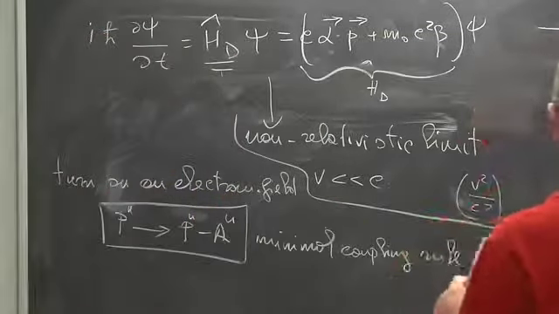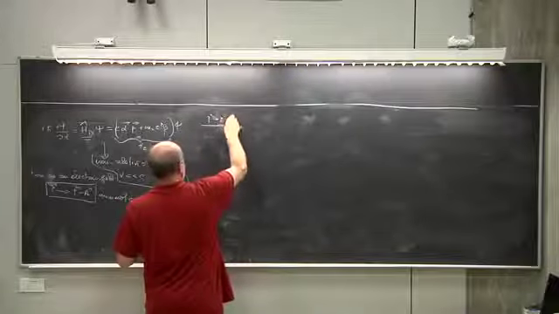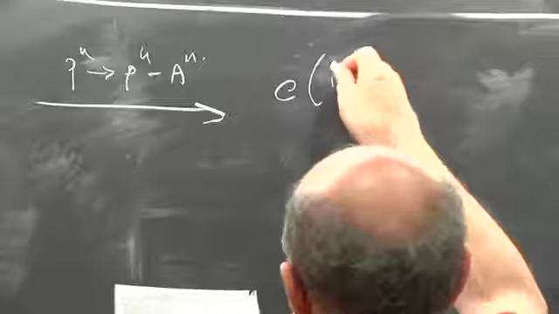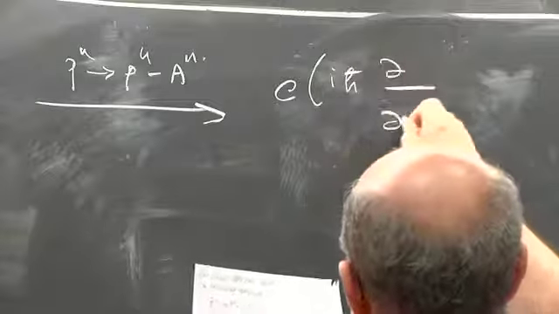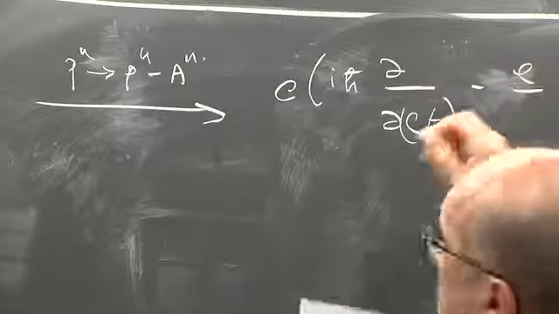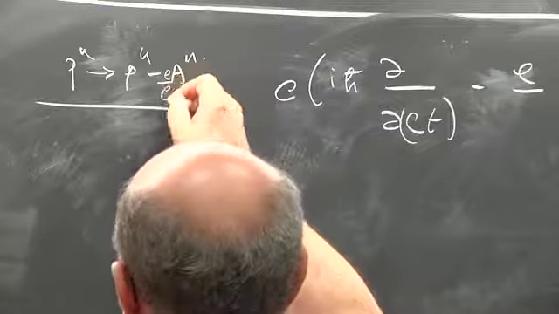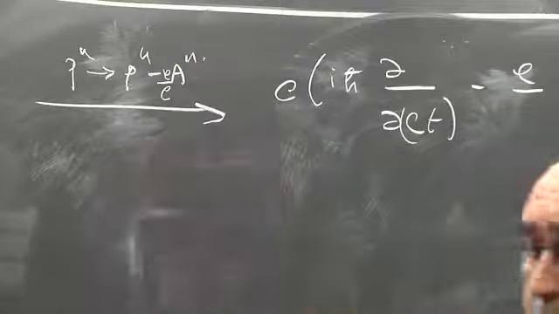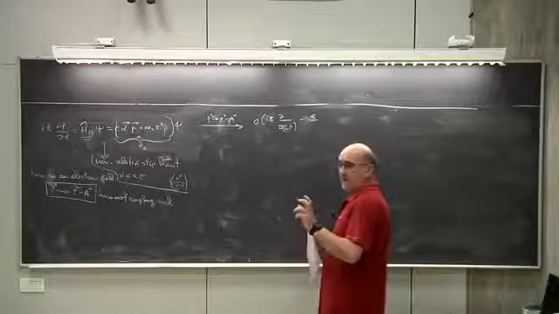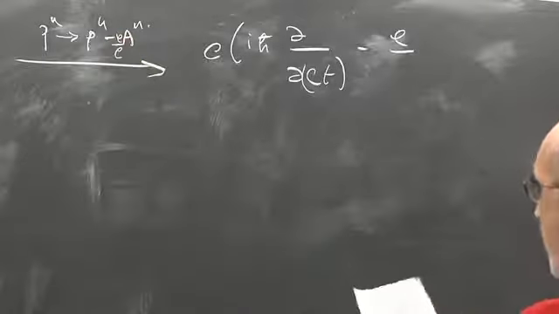So this equation, via p that goes into p^μ, goes into the following equation: ciħ ∂/∂(ct) minus e over c here, I put an e over c. e is the charge, because if I put on an electromagnetic field, it will have an effect if the particle has a charge. So this is the charge of the particle, this is the velocity of light.